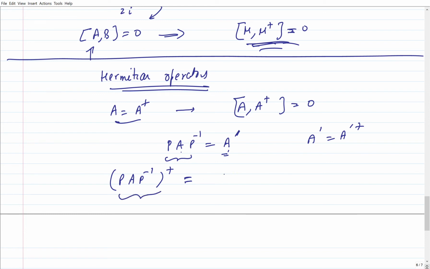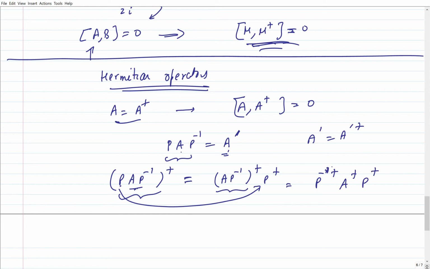When I take the Hermitian transpose, I get the dagger of this times the dagger of this, and that gives me P inverse dagger, A dagger, P dagger. Now A dagger was nothing but A, so that gives me P inverse dagger, A, P dagger.